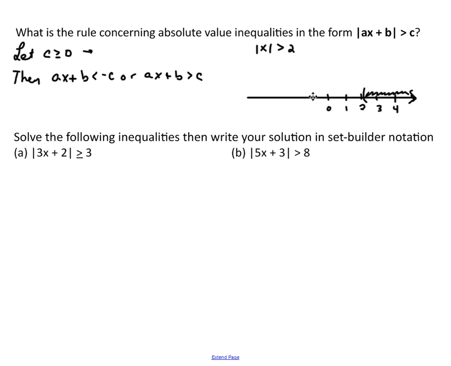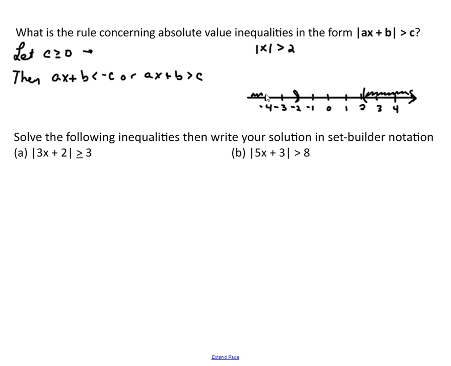But are there any other values? Well, sure. Let's go to the left. Negative 1, negative 2, negative 3, negative 4. Let's take values that are to the left of negative 2 this time. Values to the left of negative 2 certainly fit the situation. If we put in negative 3, the absolute value of negative 3 is 3. That's greater than 2. Same thing with negative 4, and so on.